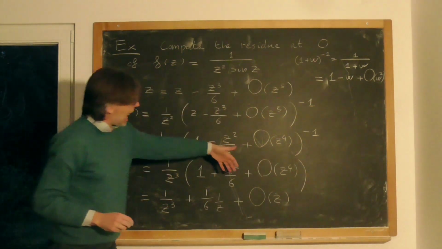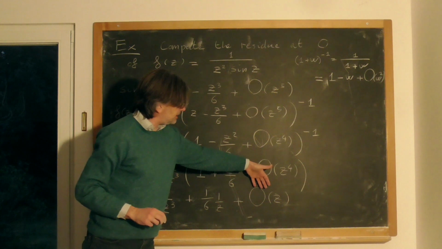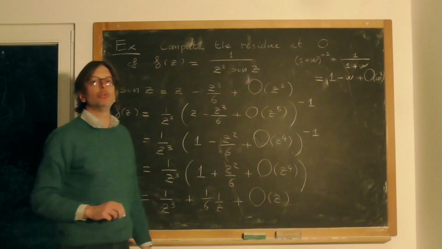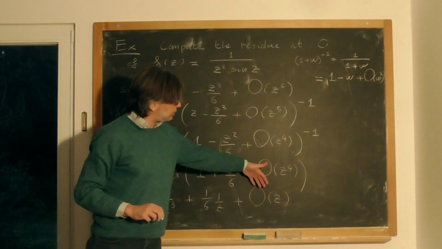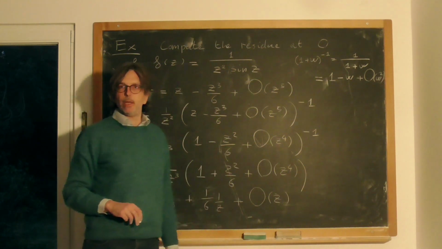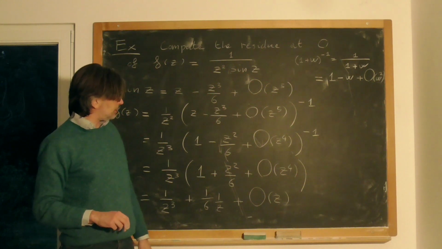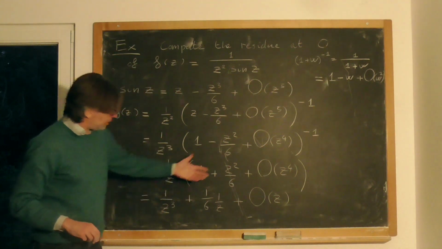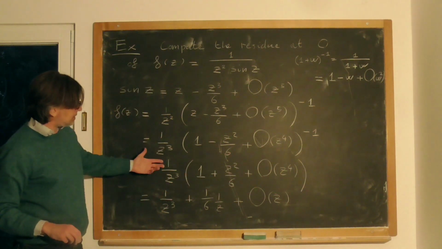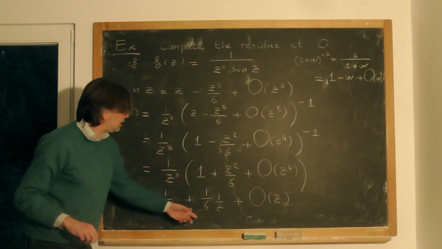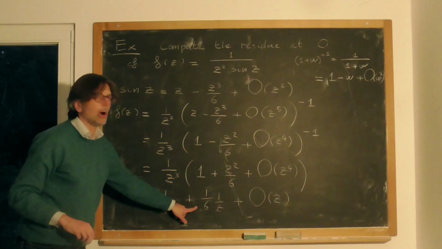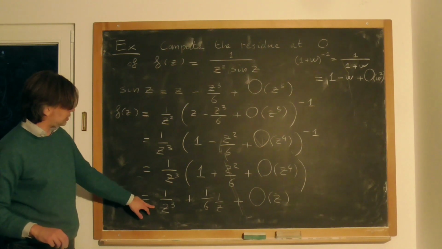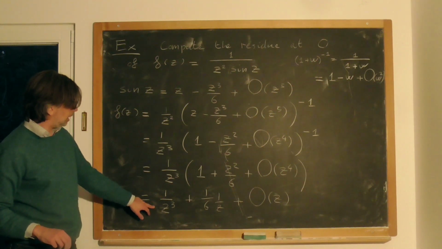So this means that everything which is in here is actually infinitesimal for z going to 0, so this will contribute to the regular part of the Laurent series expansion, and this is the part we are not interested in. Instead, the residue is the coefficient of 1 over z, and so it's precisely 1 over 6.